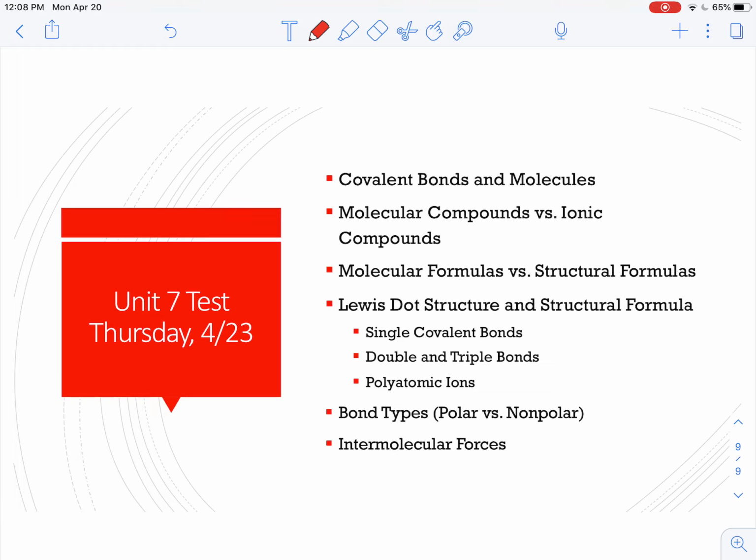And from there, we added in our polyatomic ions, which are ions that are made out of small groups of atoms that are covalently bonded to each other. Lastly, the information you did over Easter break included bond types, determining if something was going to be a polar bond or a non-polar covalent bond.